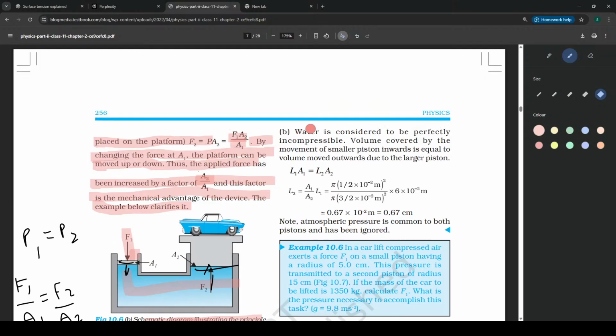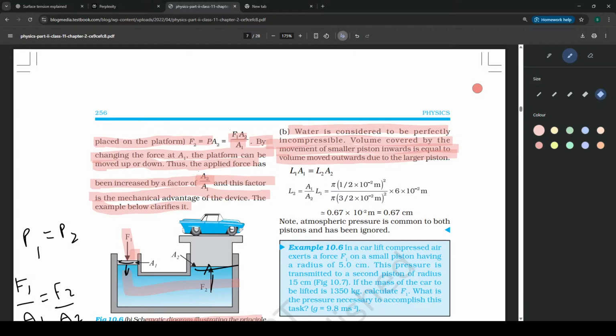Water is considered to be perfectly incompressible. Volume covered by the movement of the smaller piston inwards is equal to volume moved outwards due to the larger piston. Because water is considered to be incompressible, the volume covered by the movement of the smaller piston is equal to the volume moved out due to the larger piston.